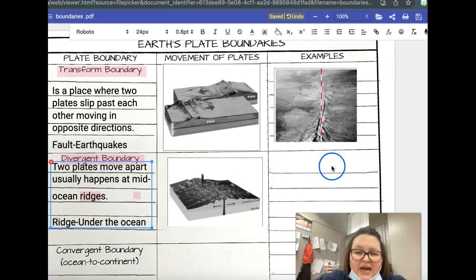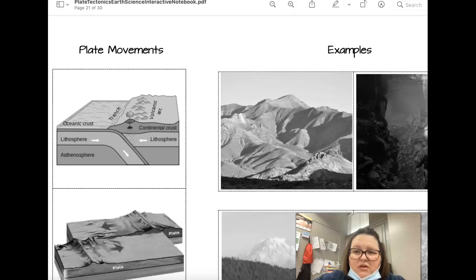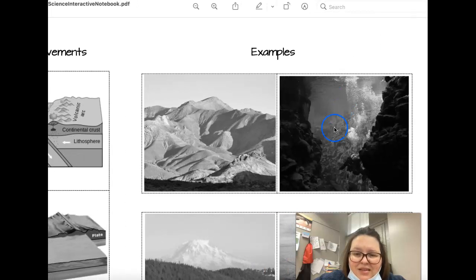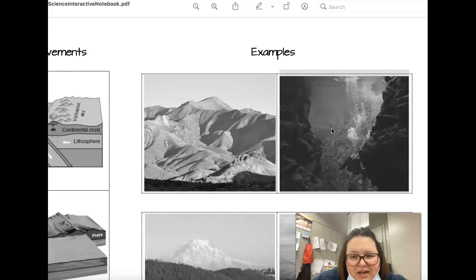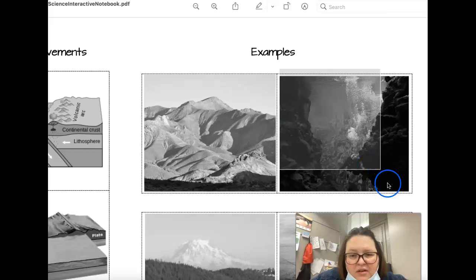Okay, so in the examples column for this, we're going to go back to our paper as well, and we are going to grab the picture that looks like this. I'm going to put a box around it. I'm not going to lie, guys, this is a terrible picture, but if you look at it closely, you can see that there's a wall of rock over here and a wall of rock over here, and there's actually someone diving down in between this, and that is where a trench is located underneath the ocean water.